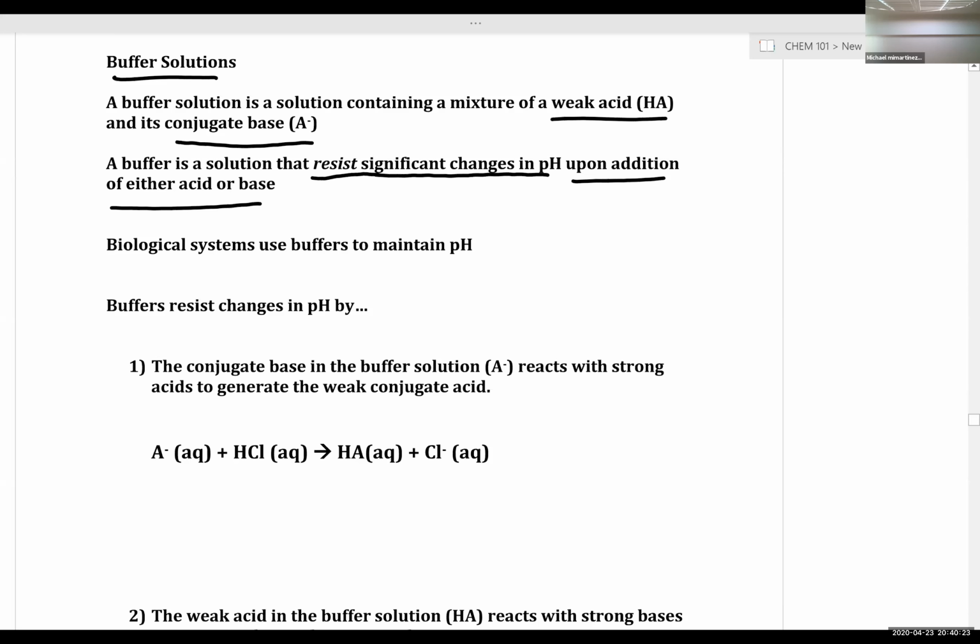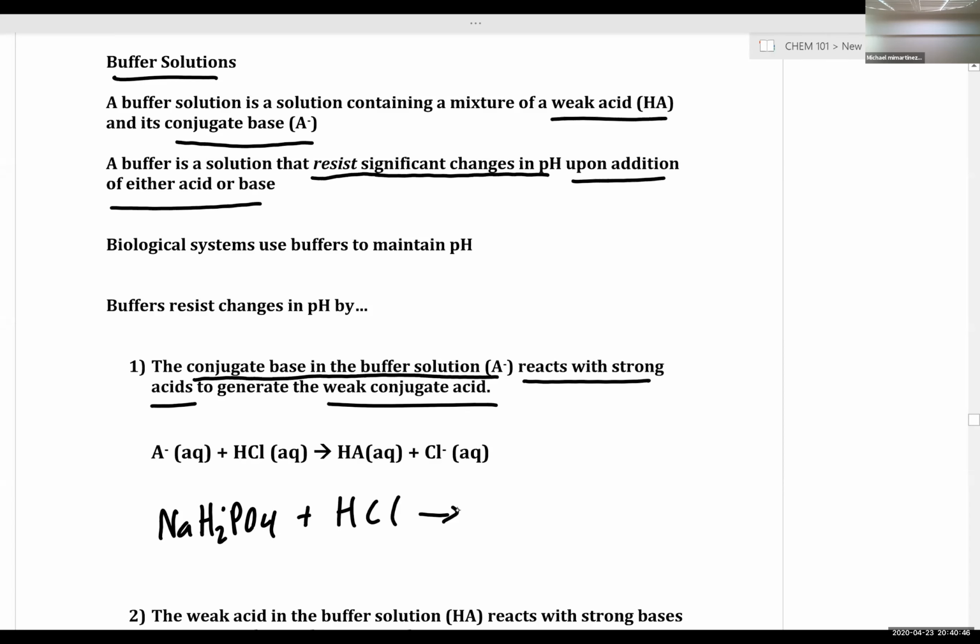One, the conjugate base in the buffer solution reacts with strong acid to generate a weak acid. So for example, if you have a buffer solution of sodium hydrogen phosphate and you add some hydrochloric acid to it, you'll generate sodium dihydrogen phosphate and sodium chloride.